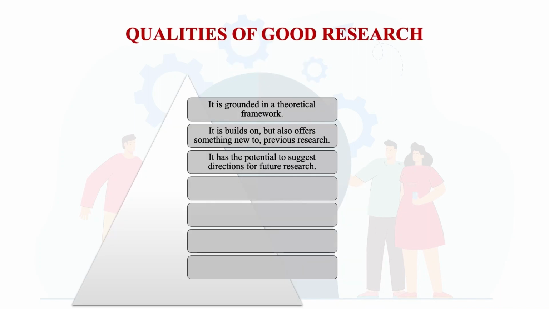Either you change the variable, or change the location, time and so on, test this, and find something new. Then only is its value important. It also has the potential to suggest direction for future research. So research is grounded in a theoretical framework, built on previous research, and gives direction to research.